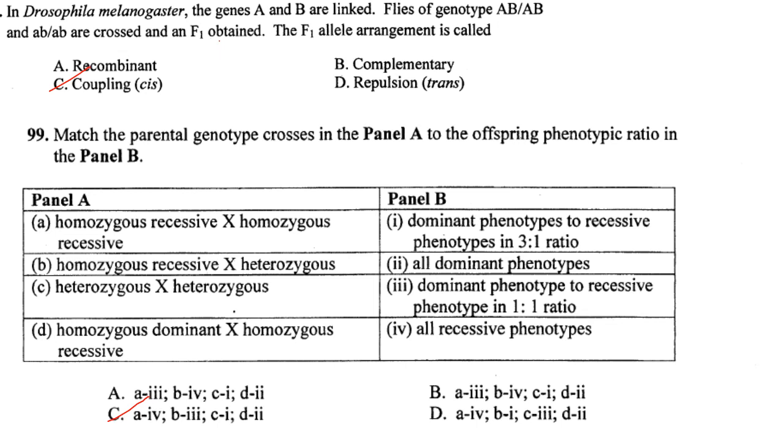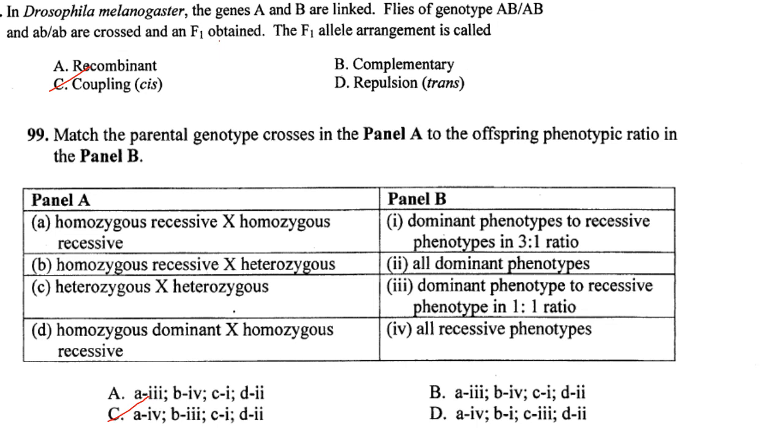Then next, in Drosophila melanogaster, the genes A and B are linked. Flies of genotype capital A, capital B and small a, small b are crossed and F1 obtained. The F1 allele arrangement is called?